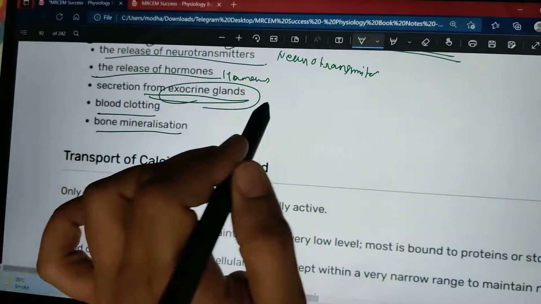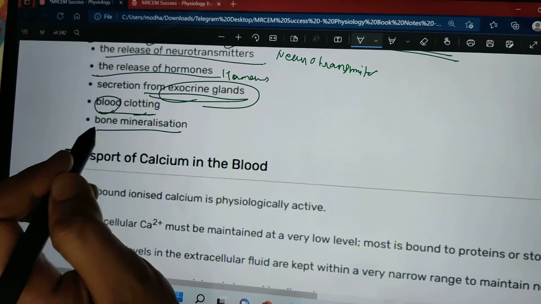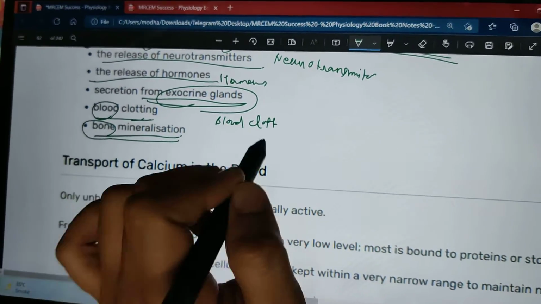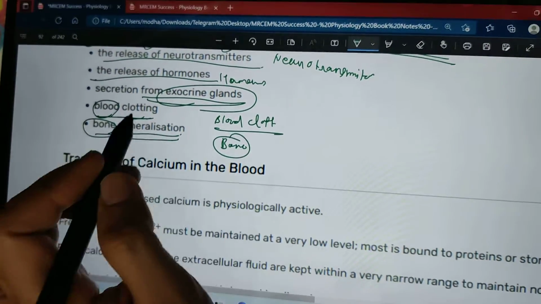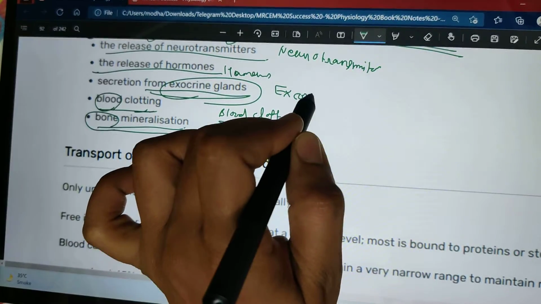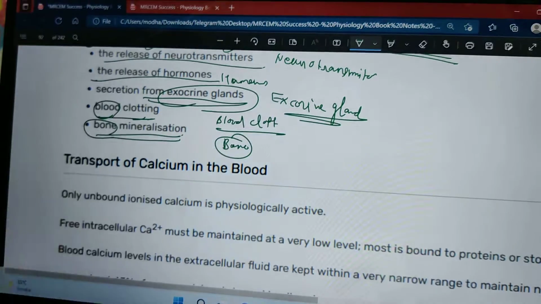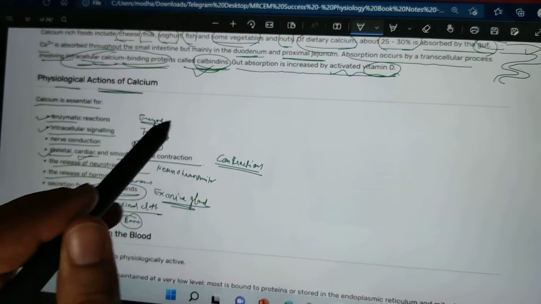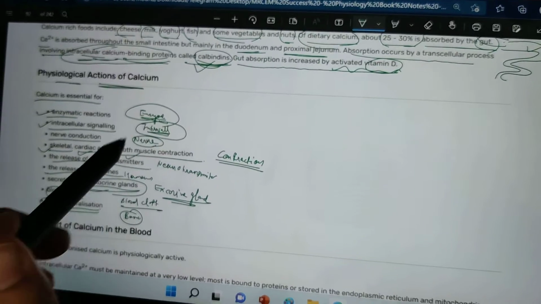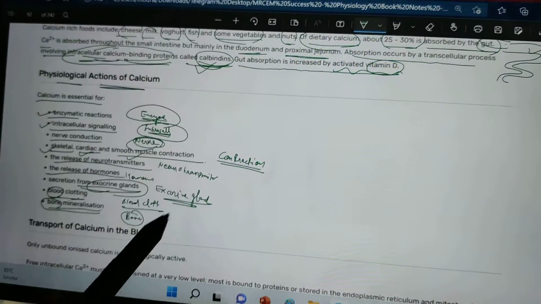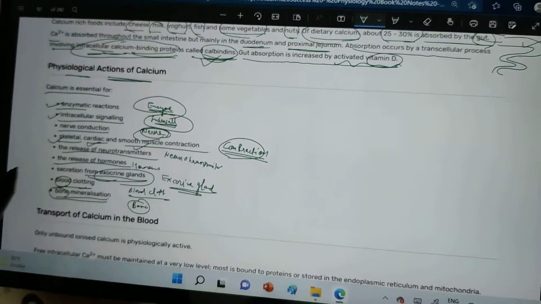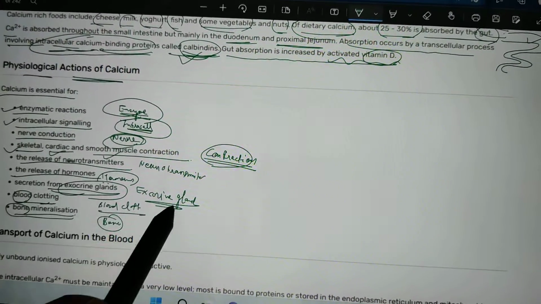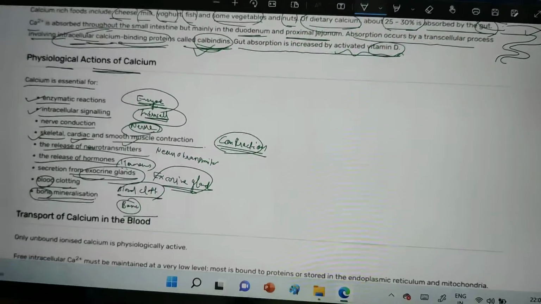These are all the functions of calcium: enzymatic reaction, intracellular signaling, nerve conduction, contraction of the skeletal muscle, cardiac muscle and the smooth muscles, release of neurotransmitter, release of hormone, secretion from the exocrine gland, then blood clotting and bone mineralization.